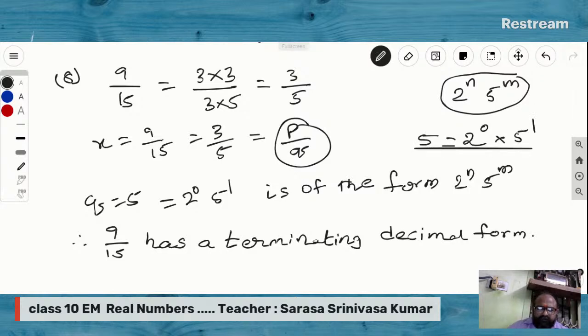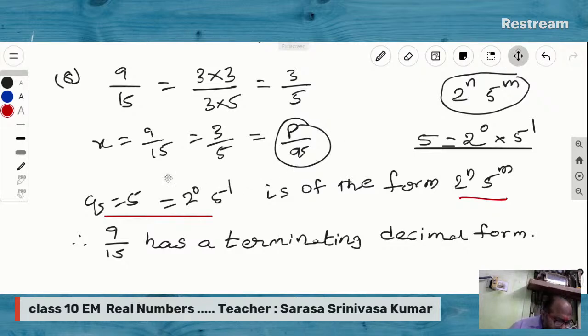So this is the reason we can conclude that the denominator is of the form 2 power n multiplied by 5 power m. So it has a terminating decimal form.